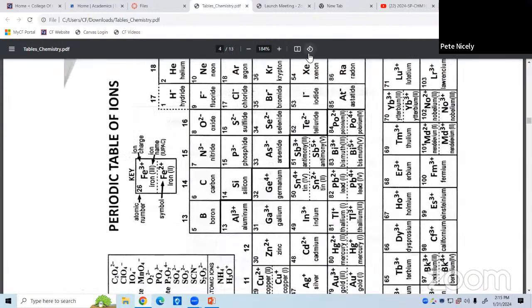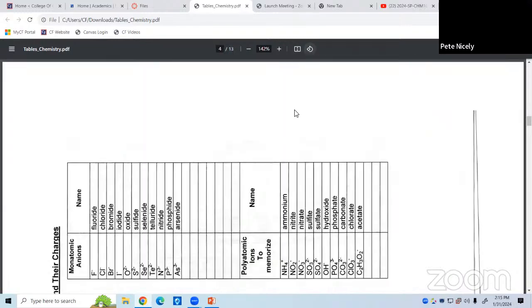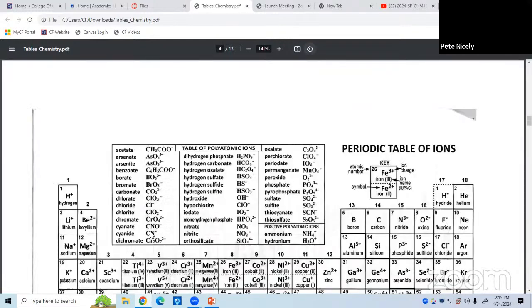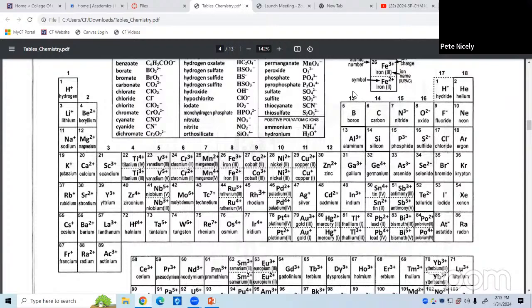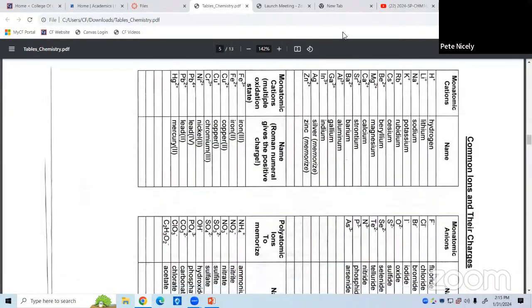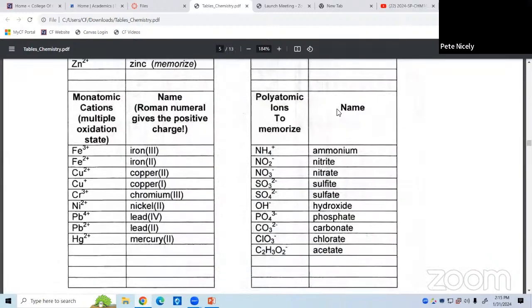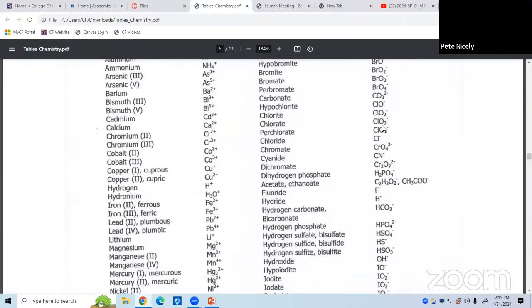This is one chart which contains some common ions and also some polyatomic ions, which I'm going to talk about later on. And then there's this other chart, and a third page with this list here. Those are the charts you'll be using to answer questions like these.